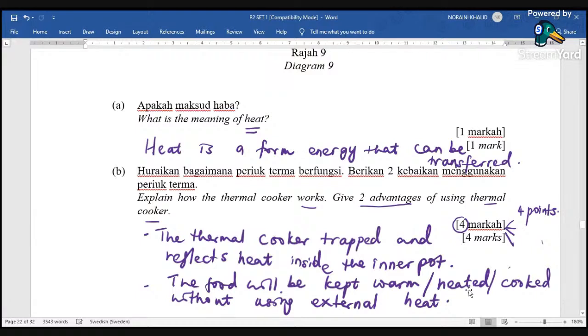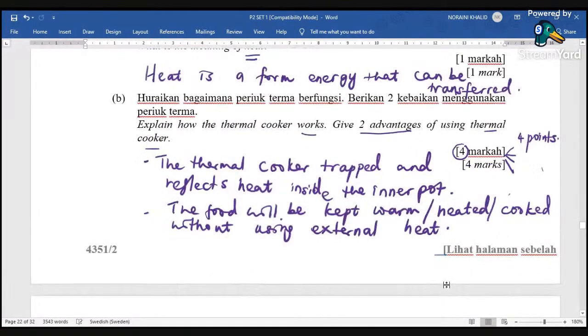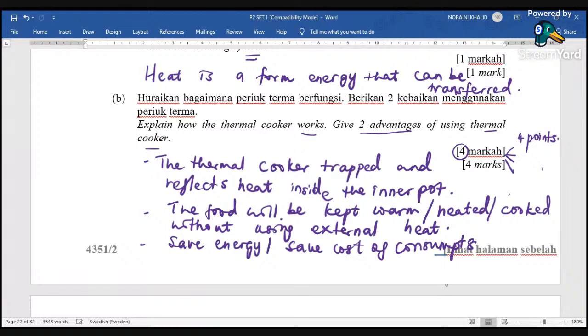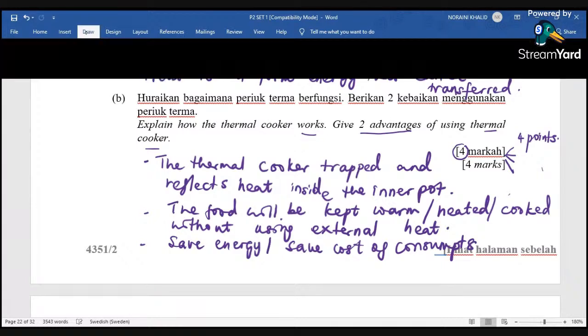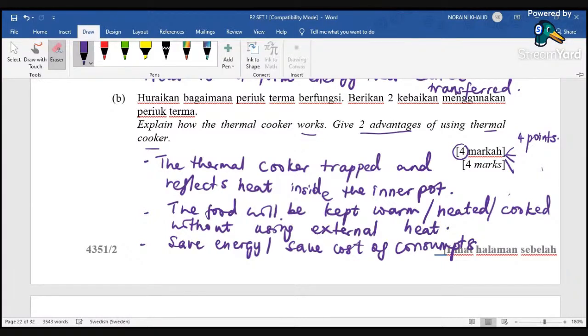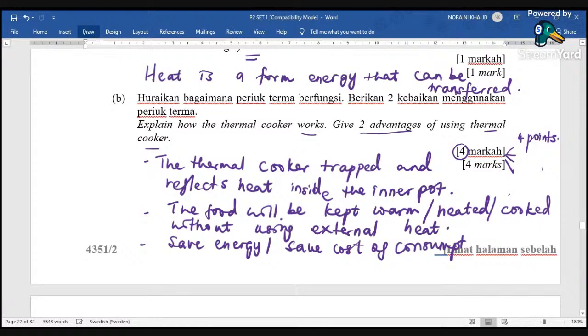By using this technique, we can save energy or save the cost of consumption, the cost of using electricity, because we need to pay bills, right?